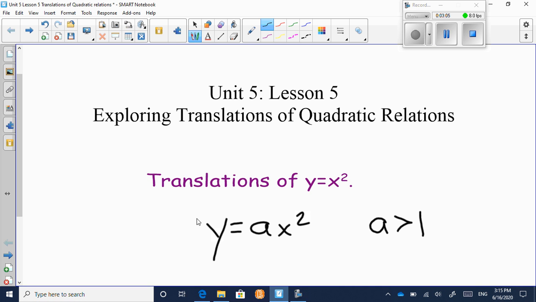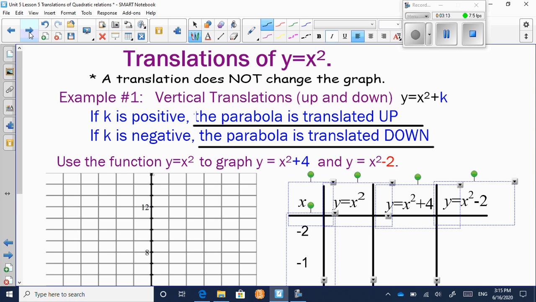The whole idea today is we're going to be moving the parabola to the left and right and up and down. A translation, which is what we're covering today, does not change the shape of the graph. It just moves it. The first thing we're going to look at is if we were to put a number on the end, and we're going to call it the k value.